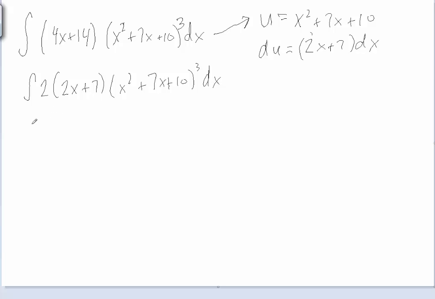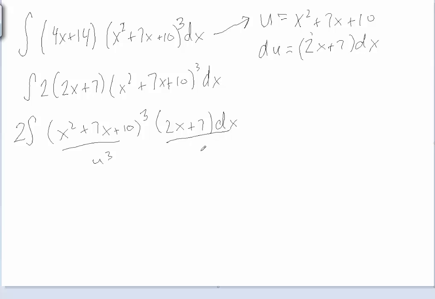So actually what we end up having is, rewriting this, x squared plus 7x plus 10 cubed times 2 times 2x plus 7 dx. And pull this 2 on the outside. So again, we've got u to the third, we've got du.